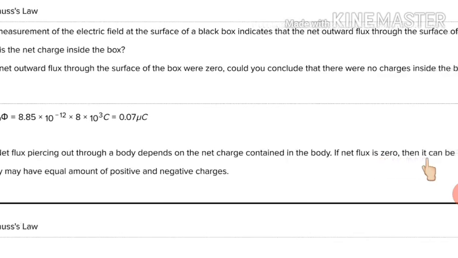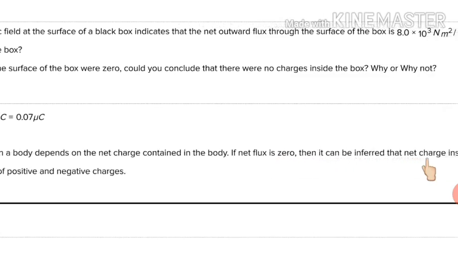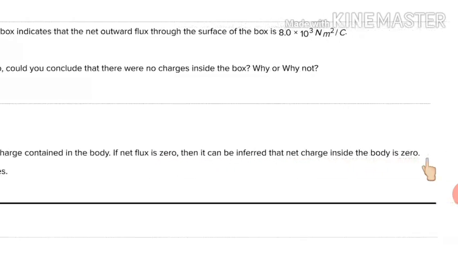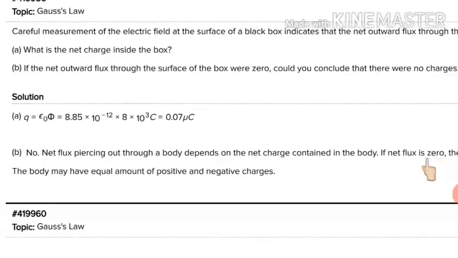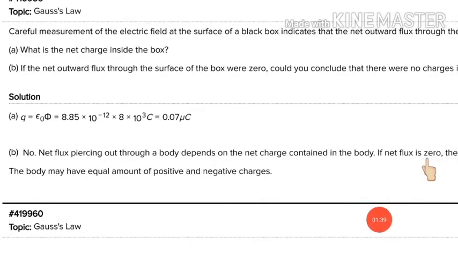If net flux is 0, then it can be inferred that net charge inside the body is 0, but the body may have equal amounts of positive and negative charges. So the net charge of the body could be 0, but it does not mean that the body does not contain any charge.